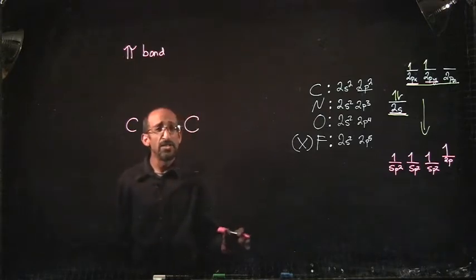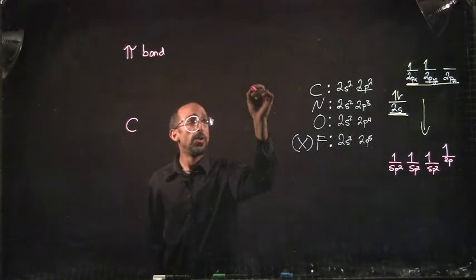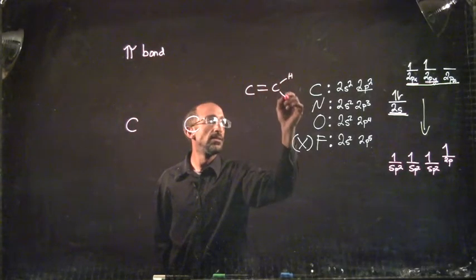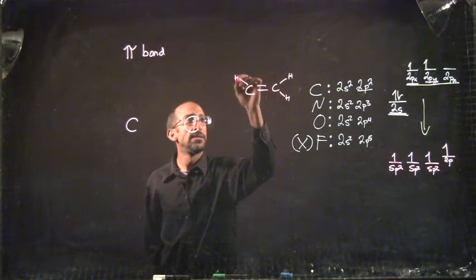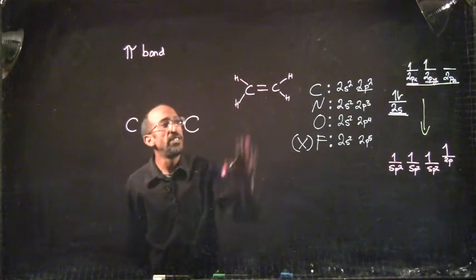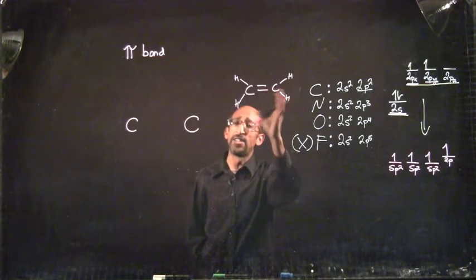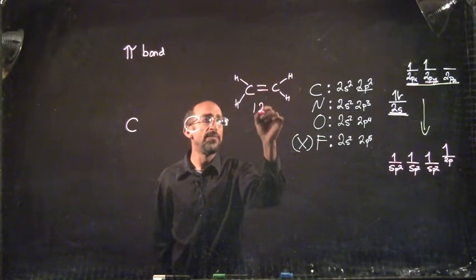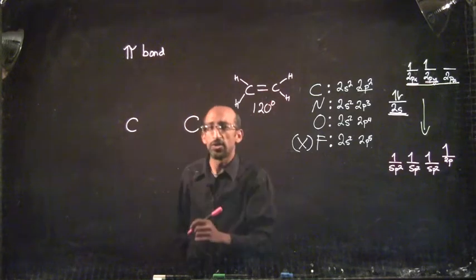So that means our geometry, we're going to make acetylene, and we see in acetylene that each carbon atom has 3 electron domains, and so that means our bond angles will need to be 120 degrees.